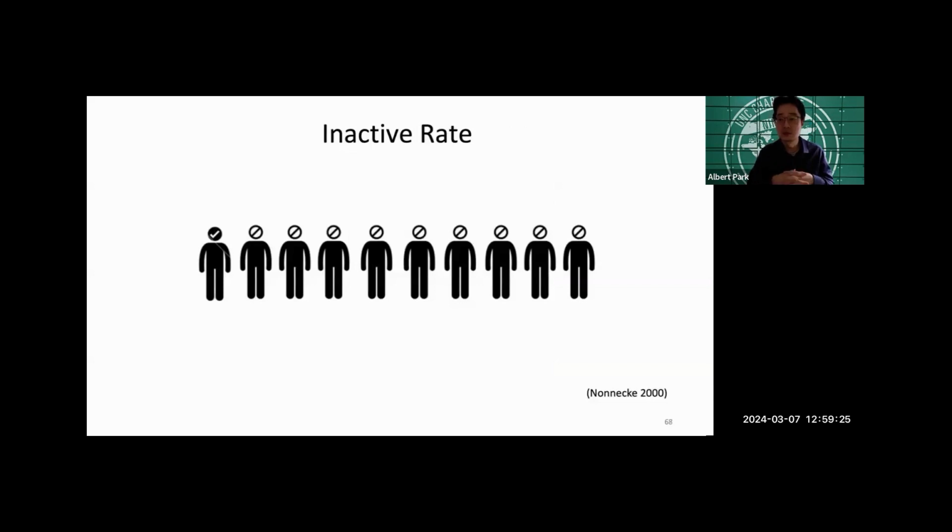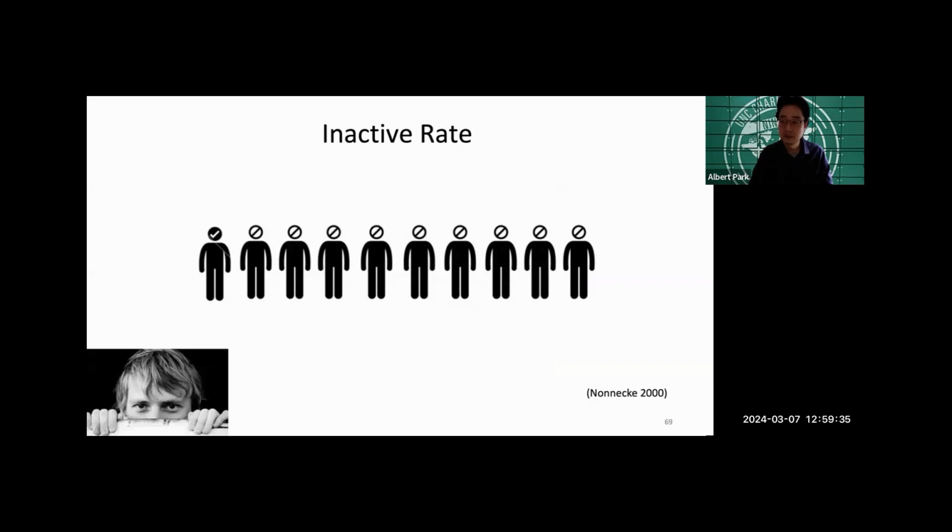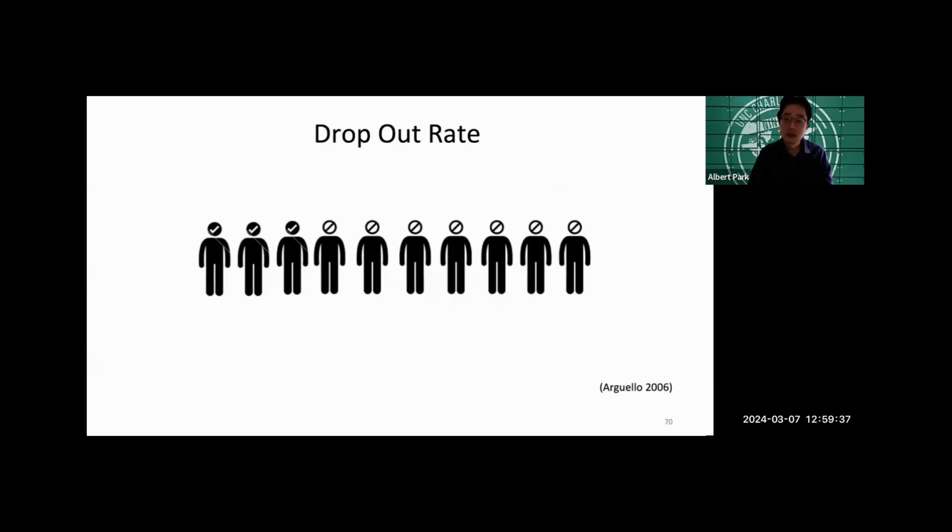This is a well-documented problem, and according to one study, up to 90% of members are inactive, which includes behaviors like lurking. Related to this, the dropout rate is extremely high in online communities. According to one study, 68% of newcomers drop out after contributing a single post.